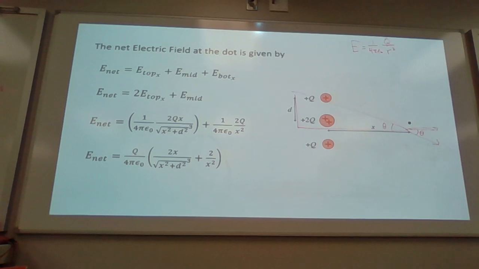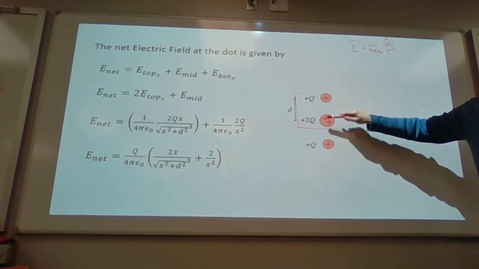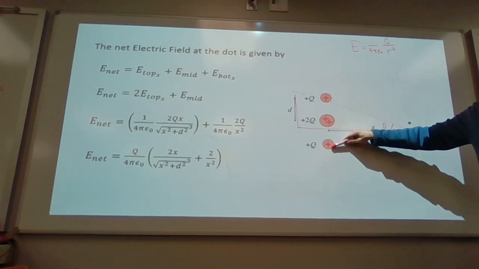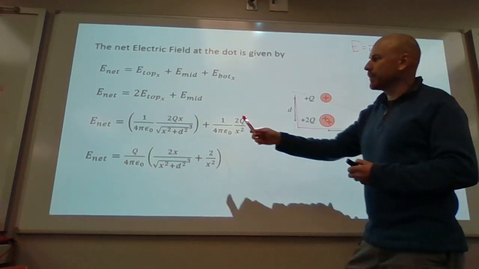Okay. So if we were to find the net electric field at this location, we got the X component from the top plus the electric field from the middle plus the X component from the bottom charge. Top and bottom, because they're equal distance from here and equal charge, you just multiply this by 2.